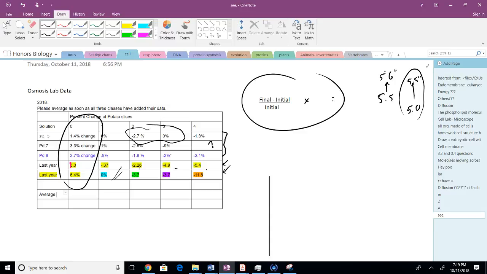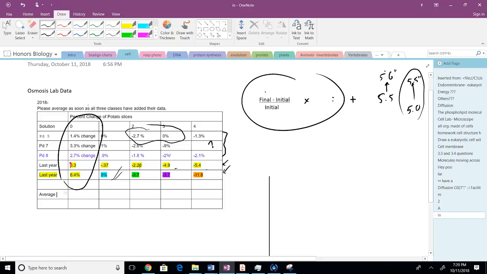And so you can see that relatively the 4% had bigger numbers, and then the 0% also had big numbers. Now, where does the positive and negative come in? Well, the positive and negative comes in because if the final amount is bigger than the initial, then we've got final minus initial, which is going to give you a positive number.